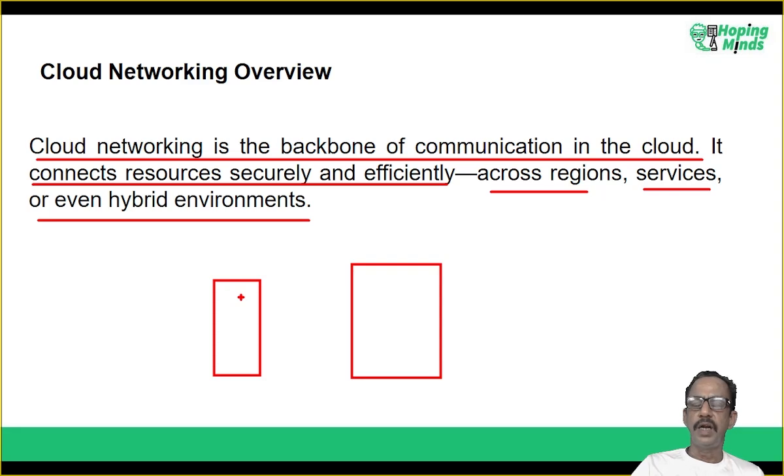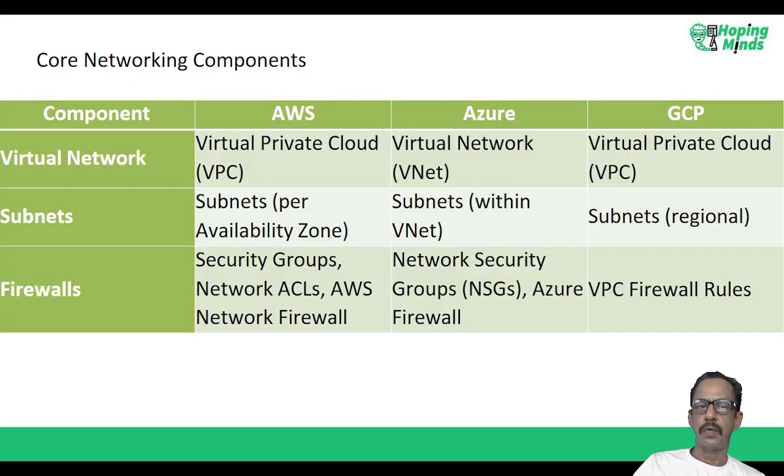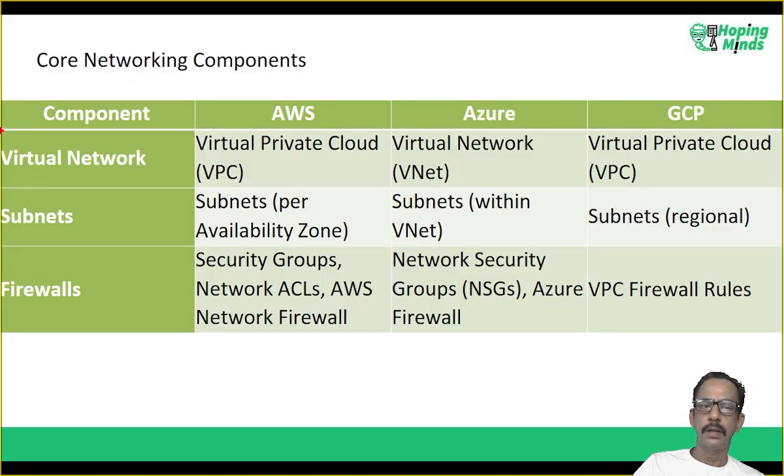We are creating our different resources, so we enable communication between them, either remote access, within the same environment, or even for a hybrid environment. This networking is like a backbone. We need to configure this backbone and understand all the concepts of this virtual network.